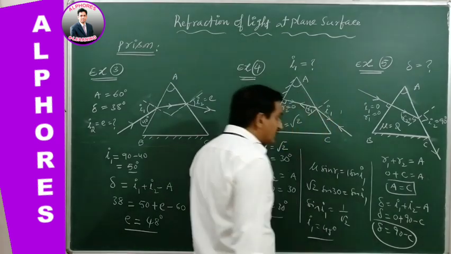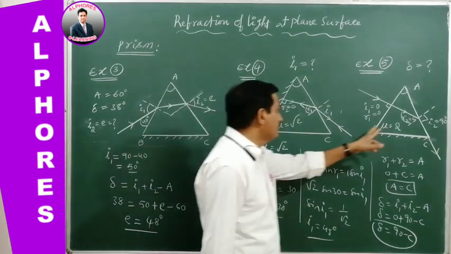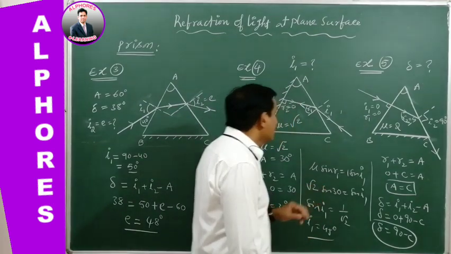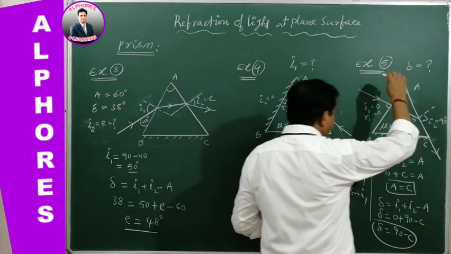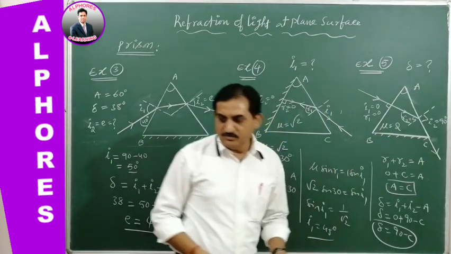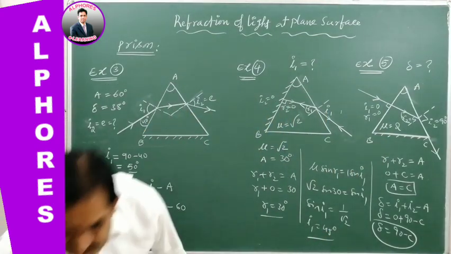Of course, C can be found by using the refractive index. This is already given. Therefore by using that refractive index we can find the C value from Snell's law.